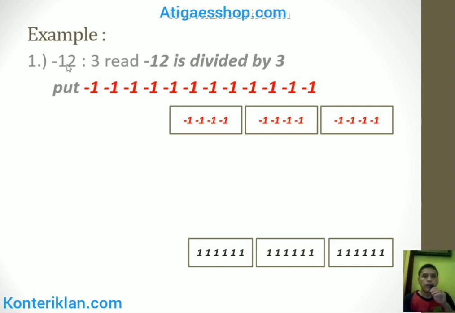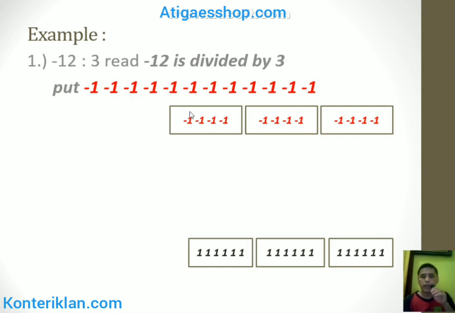So for negative 12 and 3 columns, put the 3 columns and divide it one by one until they are in the same total. Put negative 1, negative 1, negative 1 until the negative 1s finish.